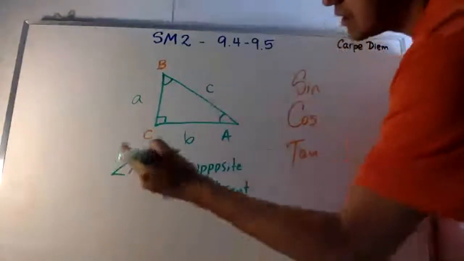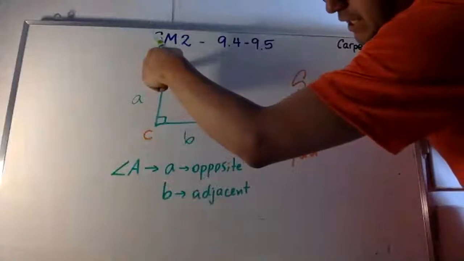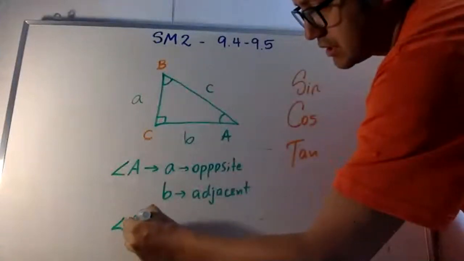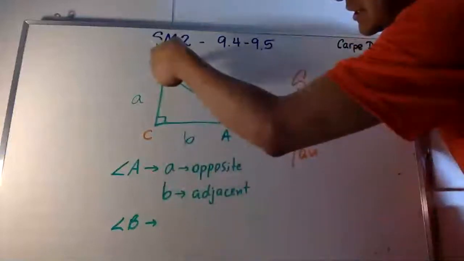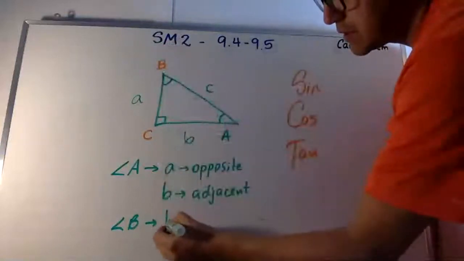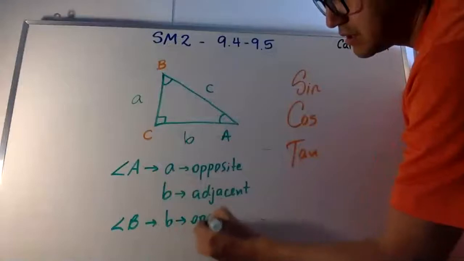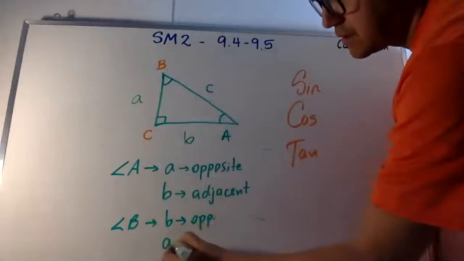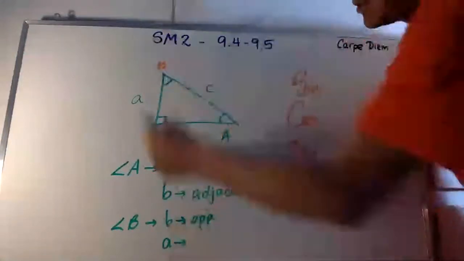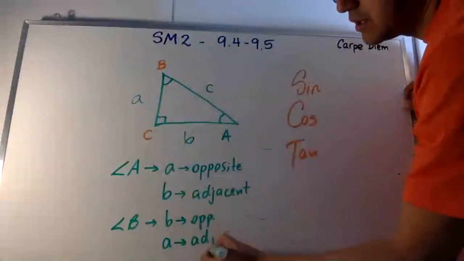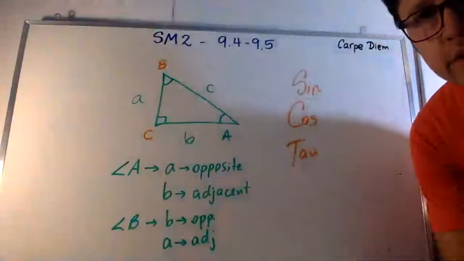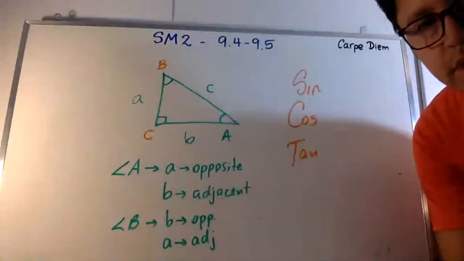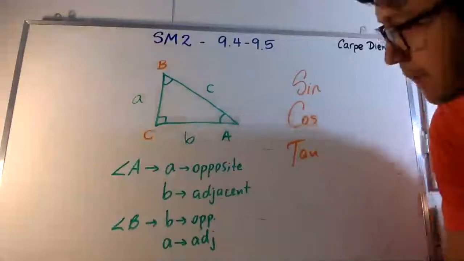If I was standing here on B, then now to switch: for B, you can see that B is your opposite, and segment A is going to be your adjacent segment. This is important to clarify in order for us to determine the following ratios or definitions we are going to go over today.